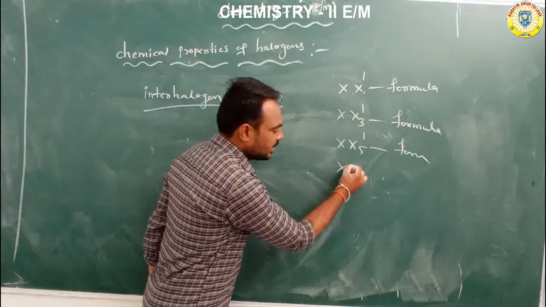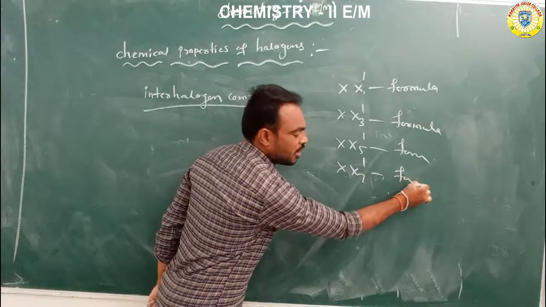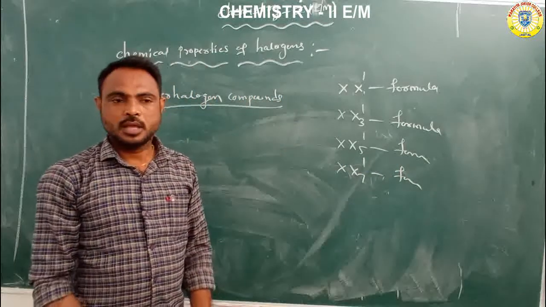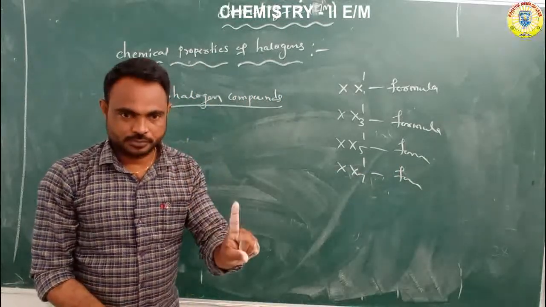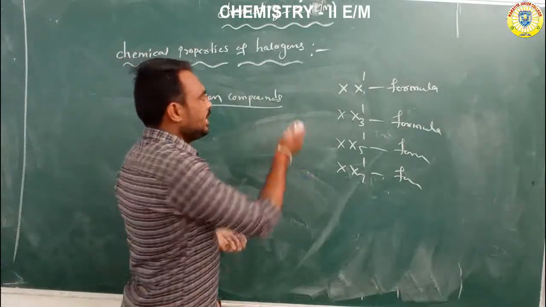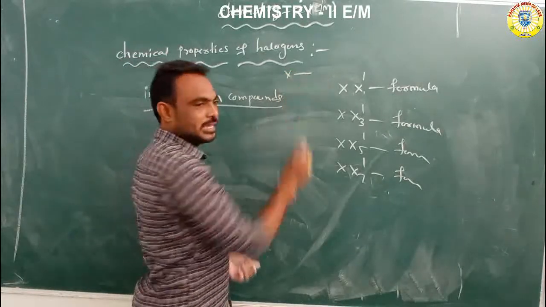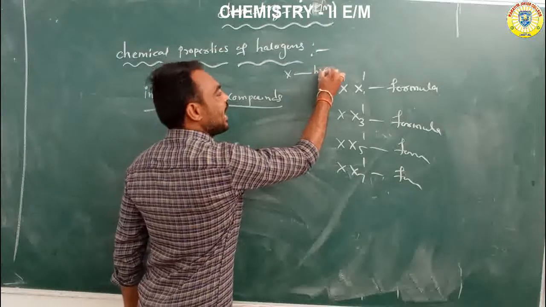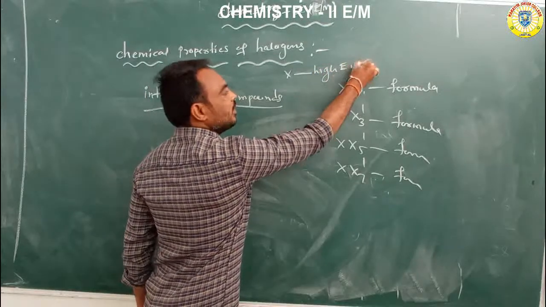Next, X X5' formula of compounds. Next, X X7' formula of compounds. But here one condition. What is that? X' is a high electronegativity element.